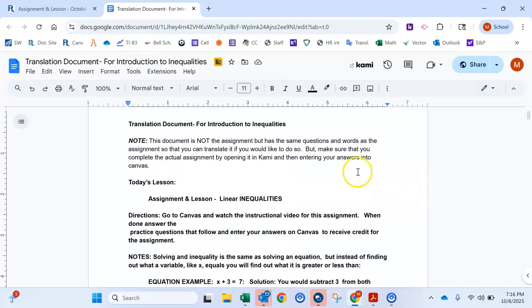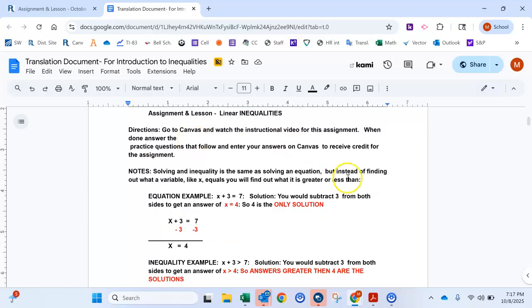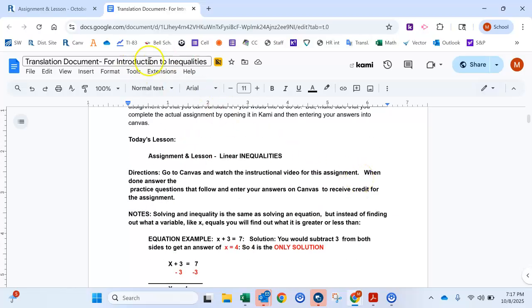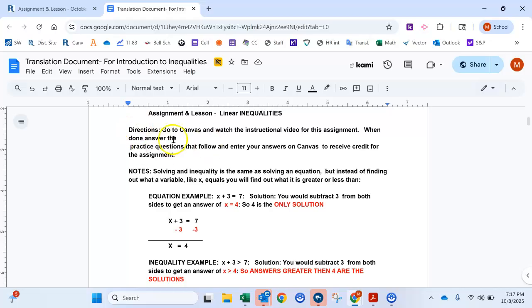All right, so the first thing I want you to do is to make sure that you read this first page. Even if you don't need a translation, it's still very important to go over this.